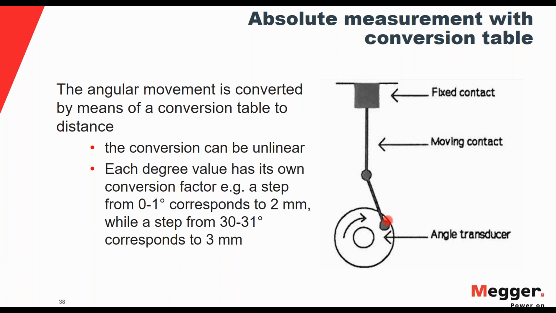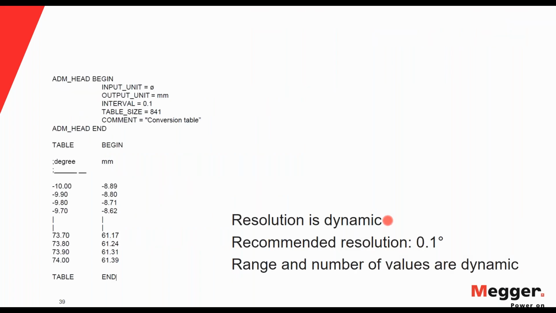So the motion movement is not linear. In this case, I will have to have a long table with multiple values. For example, here the table size is 841 as a conversion table. And for each range, I defined what the millimeter values are.